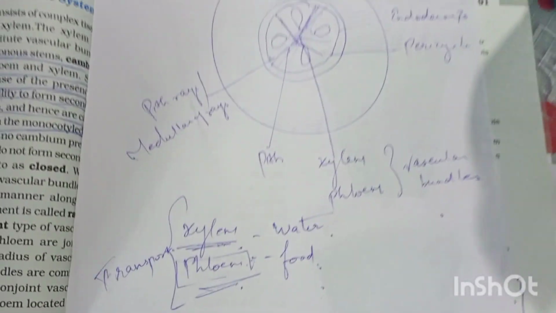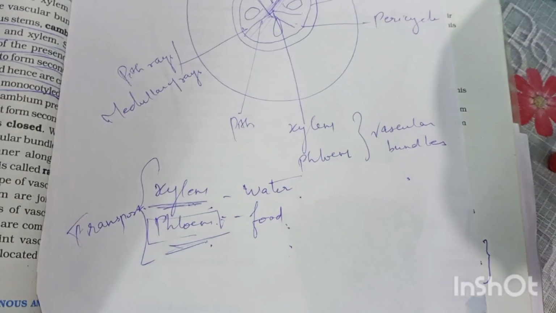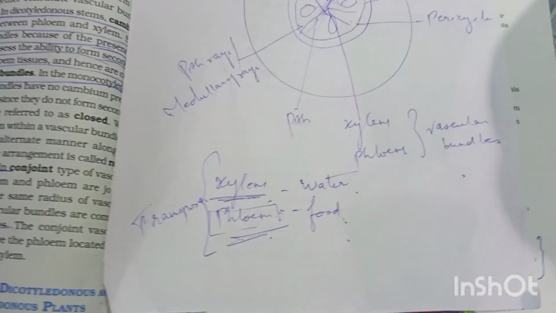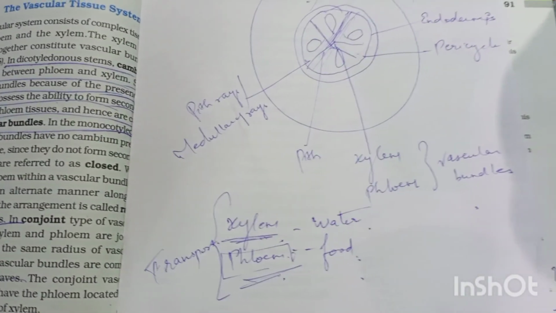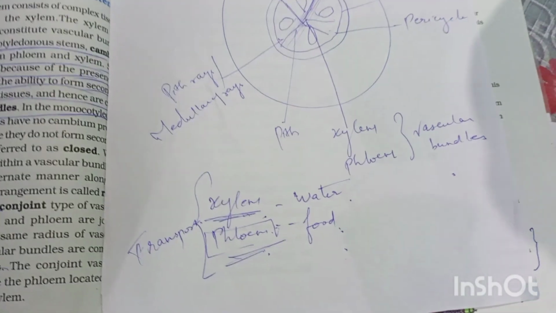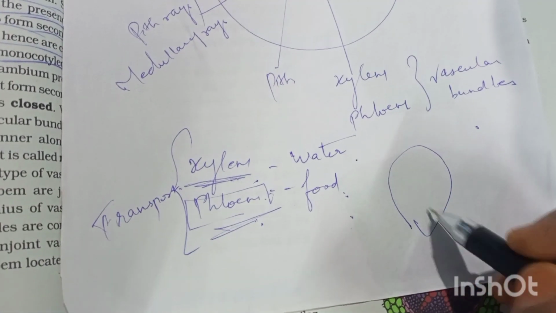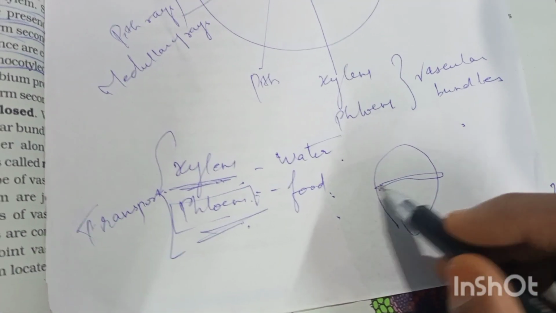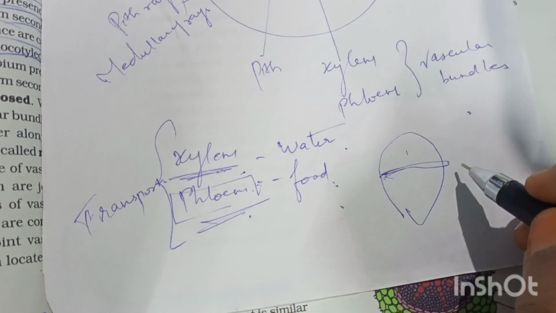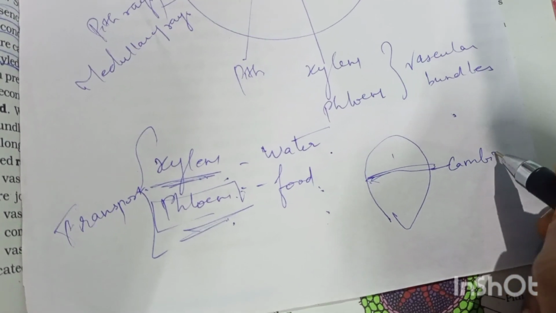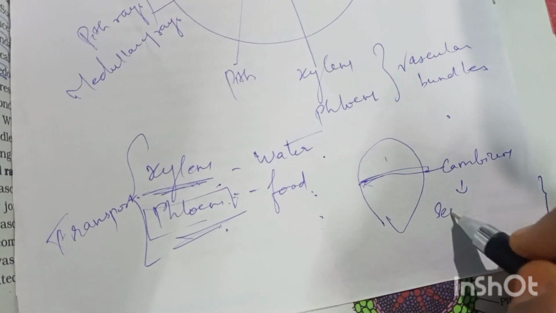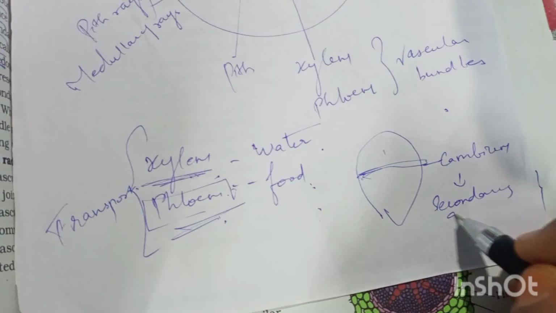You know how big it is. When you compare a small neem plant, the big tree is entirely different, and its stem is also hard. So there occurs some secondary growth, and that is because of this cambium. In between phloem and xylem there is a structure called cambium, and that facilitates secondary growth.